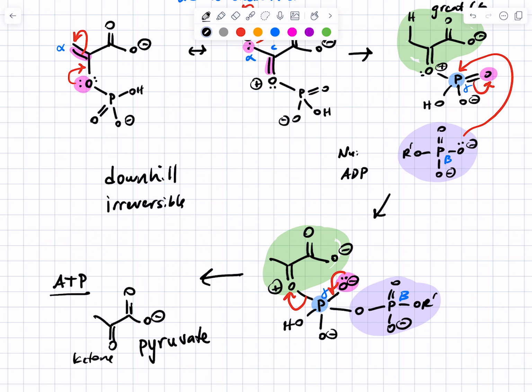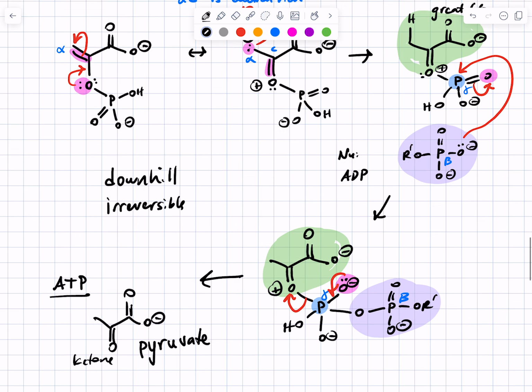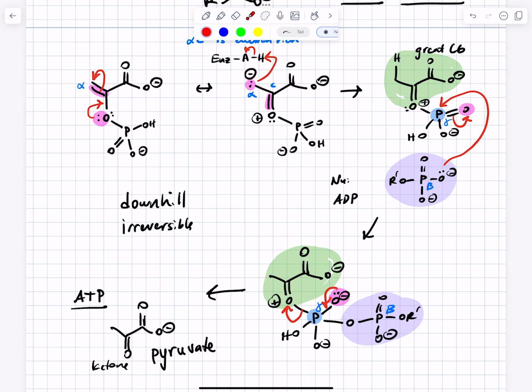The last one is hard to predict. We started out with phosphoenol pyruvate, which looks like a phosphoester, but because it's a phosphoenol ester, it has the potential to become a super leaving group just by a simple proton transfer reaction. And that's what happens, and that allows us to generate ATP.